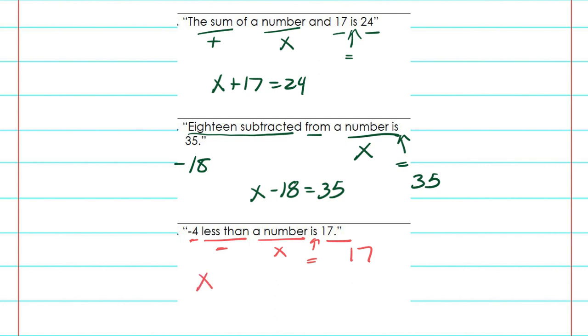So I'm going to have my number, and then I'm going to subtract negative 4 from it. It is 17. While this is mathematically correct, look at it this way too, okay? We can write it this way, or I can go, oh, 2 negatives right here in a row really means positive. So x plus 4 equals 17.